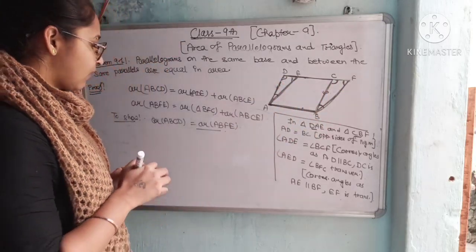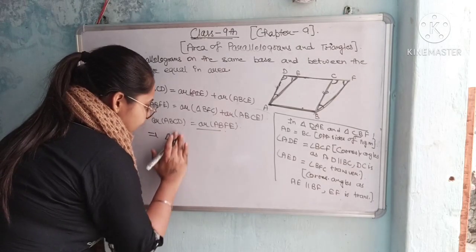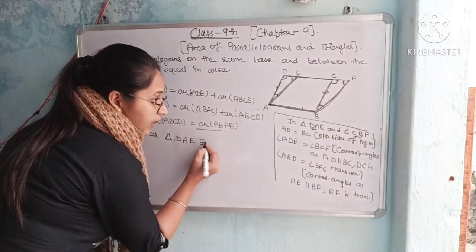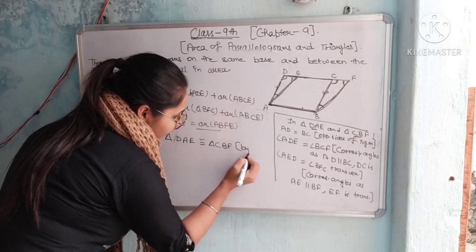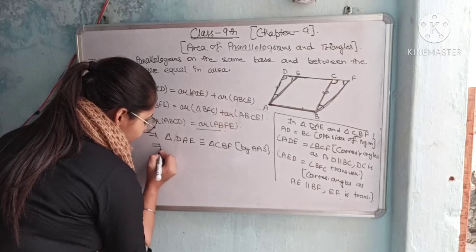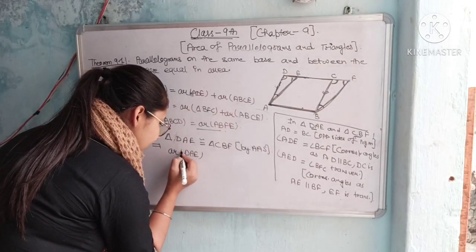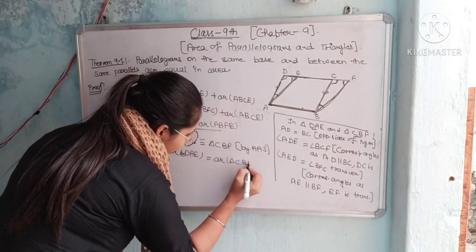So these two triangles, it implies triangle DAE is congruent to triangle CBF by angle side angle. And if these two triangles are congruent, the area of triangle DAE will be equal to the area of triangle CBF.